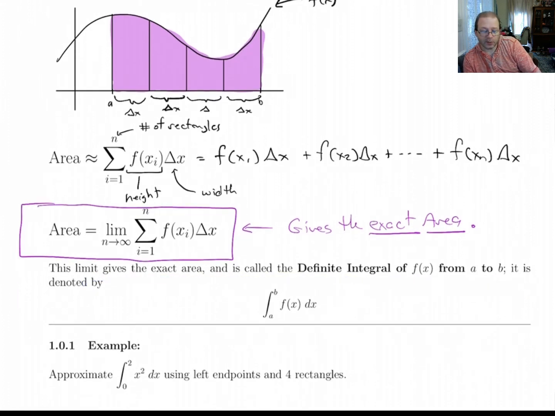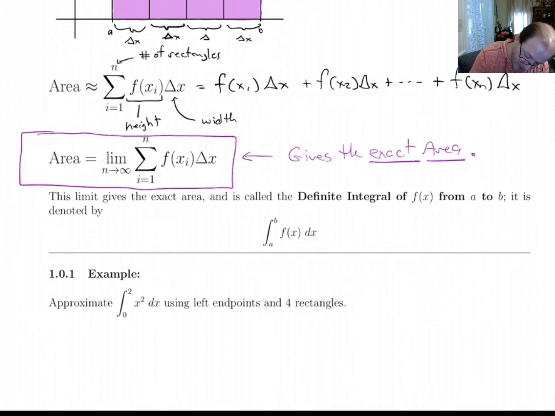And this is the notation we have for it. This right here. This thing right here is the integral symbol, and it originated from like an elongated S for sum. But this is read as the integral, or the definite integral of f of x from a to b.